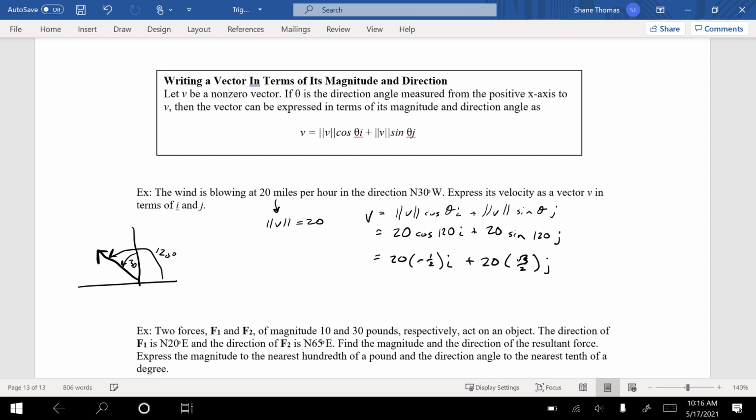All right, then I'm going to have negative 10i plus 10 root 3 j. So that would be the vector that we're describing here when the wind is blowing 20 miles per hour in the direction north 30 degrees west. Up here, this would be root 3 over 2, yes.